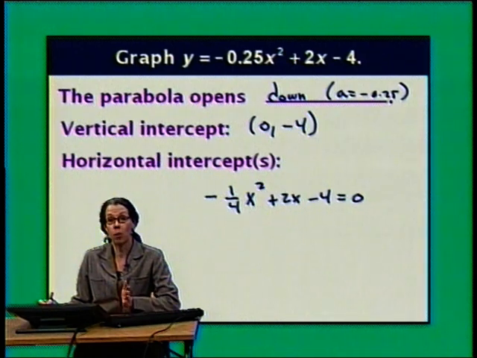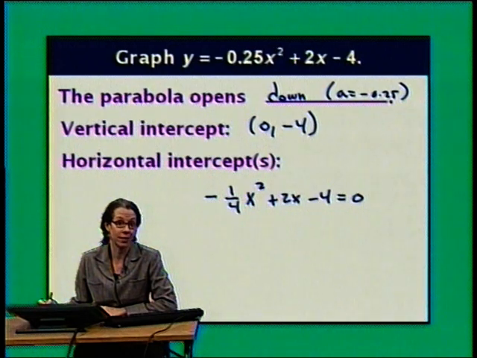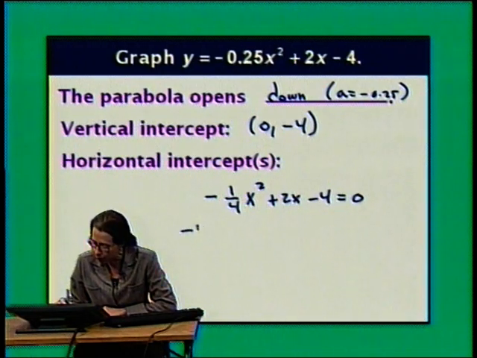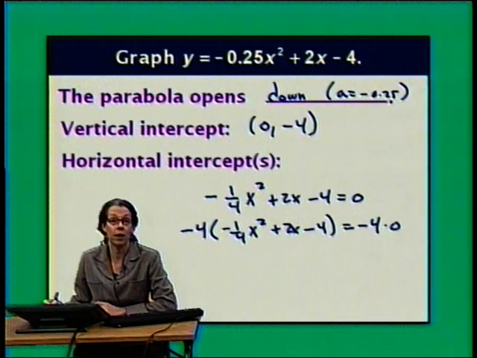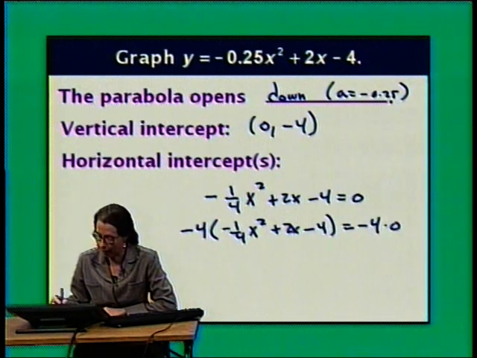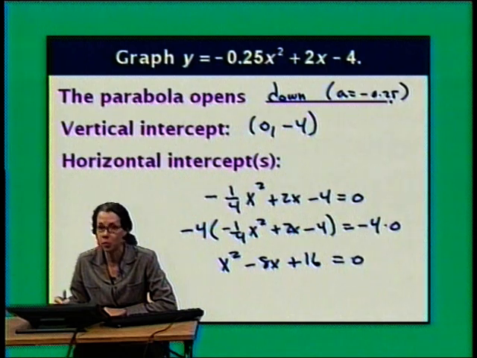Well, now I can multiply both sides of the equation by negative 4 to clear that fraction. Perhaps I should write this out just to make it clear. That's going to change some signs on the left side of the equation. I end up with x squared minus 8x plus 16 equals 0.